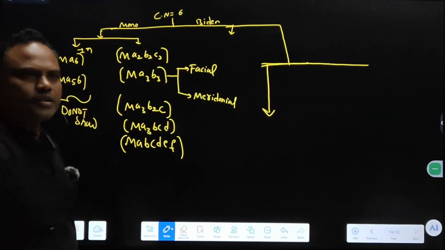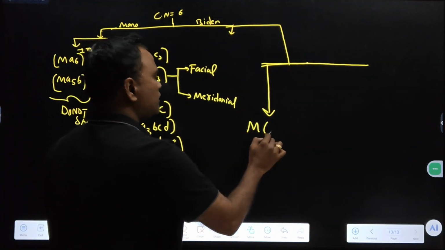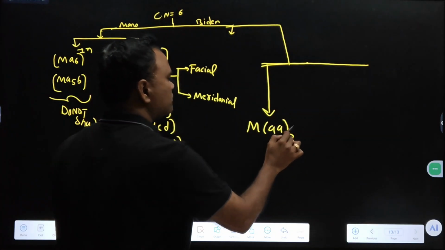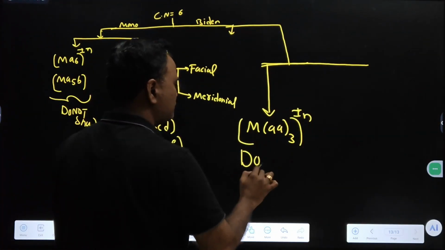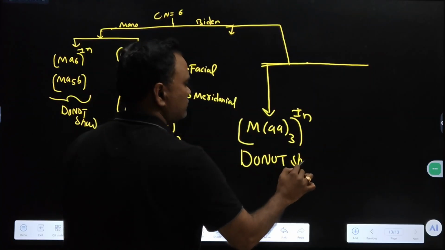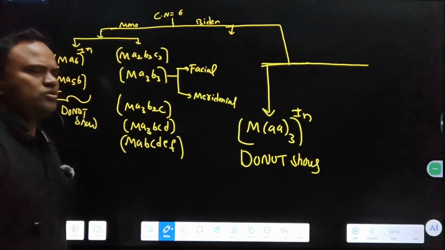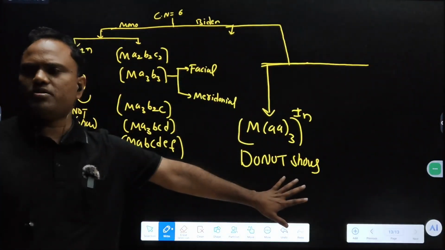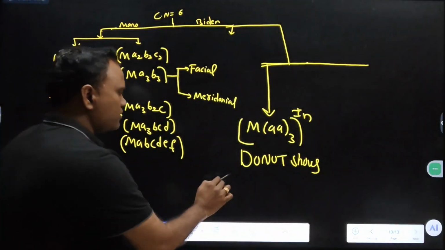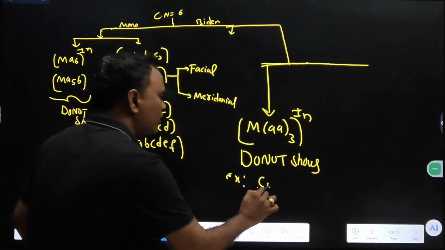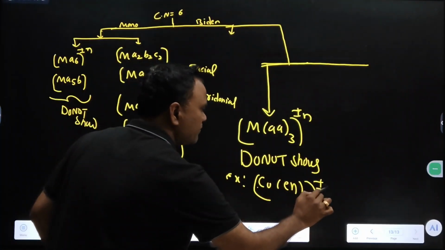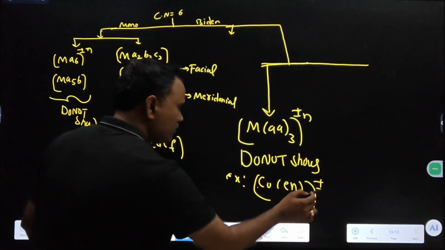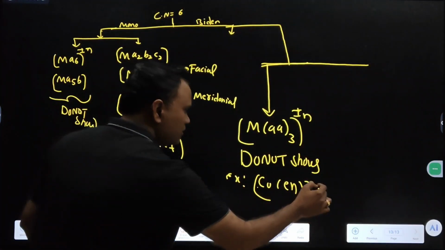Bidentate ligands. With the bidentate ligands, MAA taken thrice do not show. Questions will come based on these formats only. For example, cobalt en taken thrice, en is ethylene diamine. What are the donor atoms in ethylene diamine?